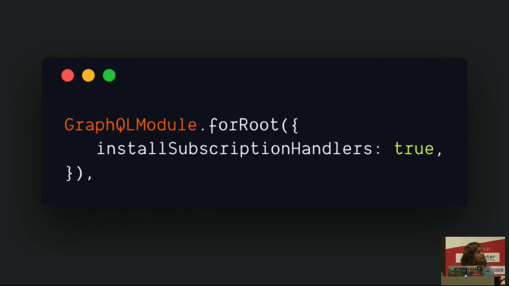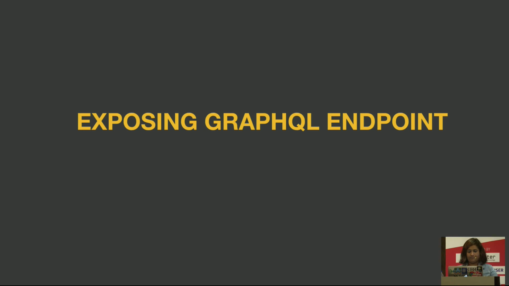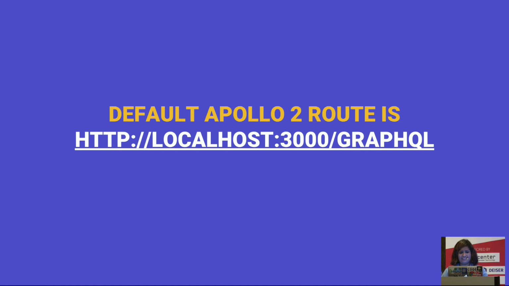In order to play around with subscriptions, you also don't have to worry about things. You just have a flag wherein you say, install subscriptions handlers, true or false. And it is taken care of. Exposing the GraphQL endpoint, the default is localhost 3000 graphql.